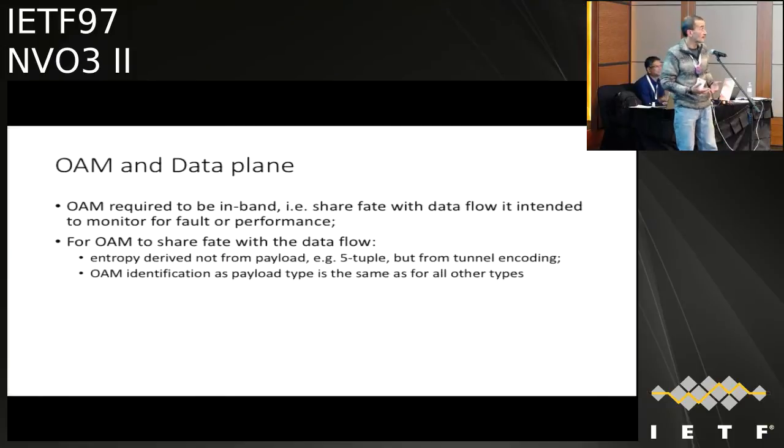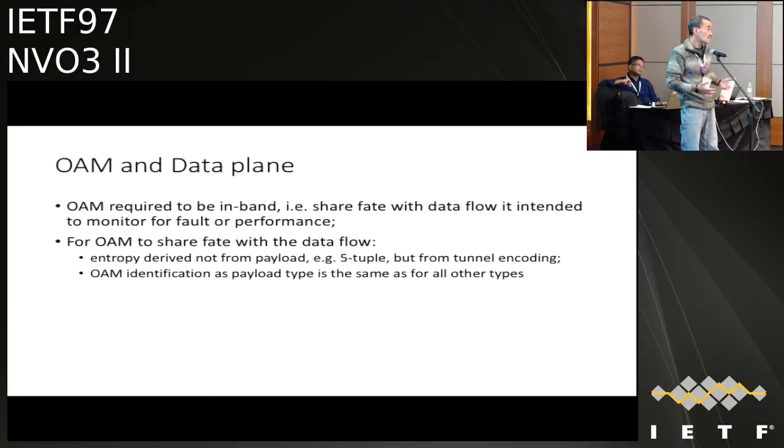Because if entropy is derived from the payload, obviously we cannot ensure, or it's very challenging to ensure, that OAM will have the same information. One example is in IP, where we have the 5-tuple.